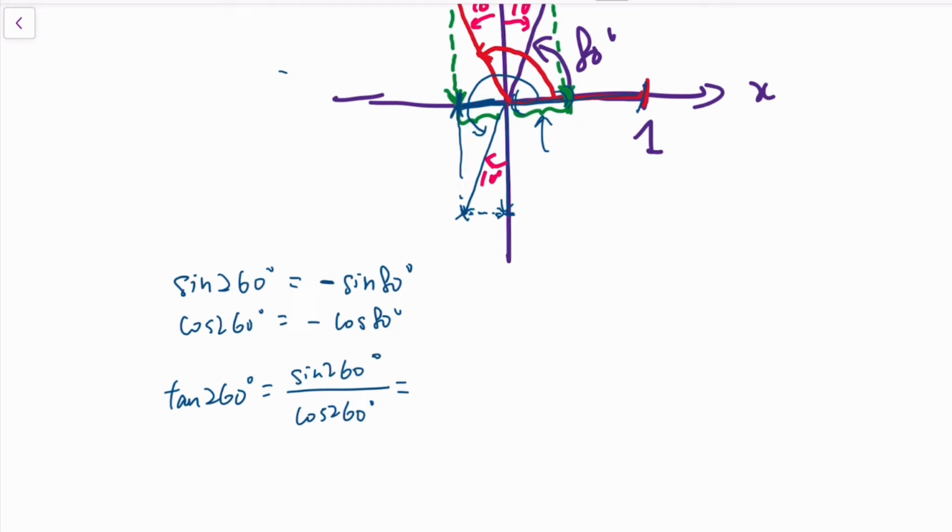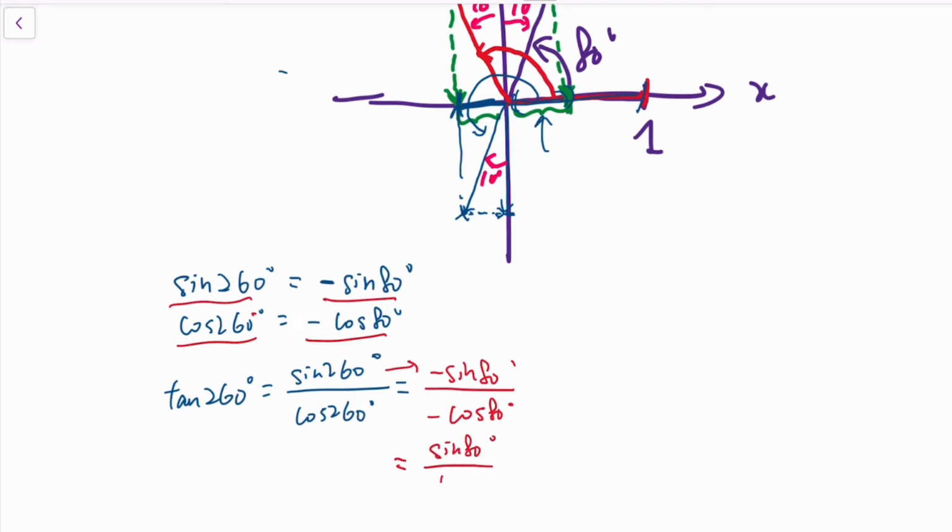So tangent 260 is sine 260 over cosine 260, but we just found that sine 260 is negative sine 80. So the top becomes negative sine 80. Cosine 260 is also found to be negative cosine 80. So it's simply true that the two negatives cancel out. So it becomes sine 80 over cosine 80.